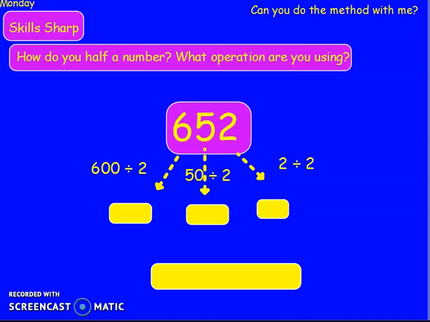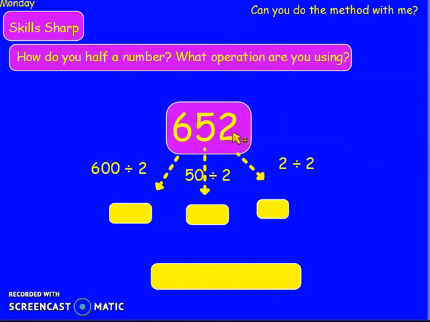Let's have a look at a 3-digit number. Write this number down in your book, making sure each digit has its own square, and use your ruler to draw the arrows from each number. We've got 652. Let's partition it and divide each number. We'll start with the ones.